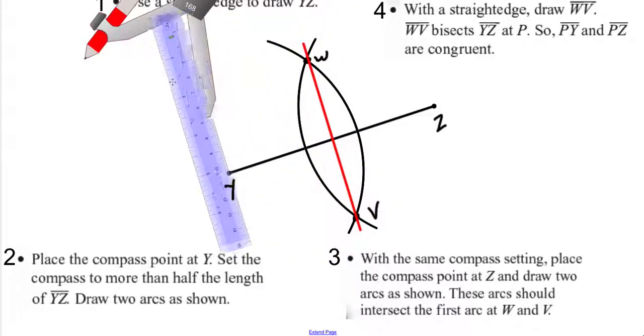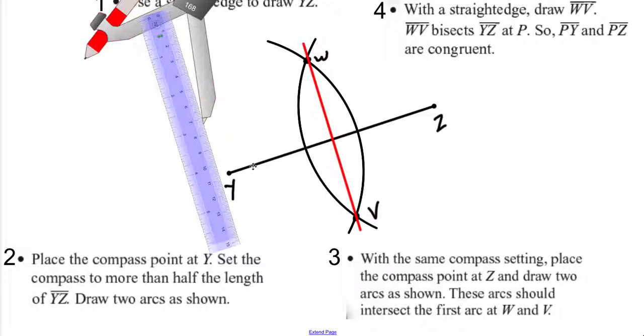Okay, I have now bisected segment YZ. If I place a point P where my segment WB intersects my segment YZ, you notice that segment YP is congruent to segment PZ.